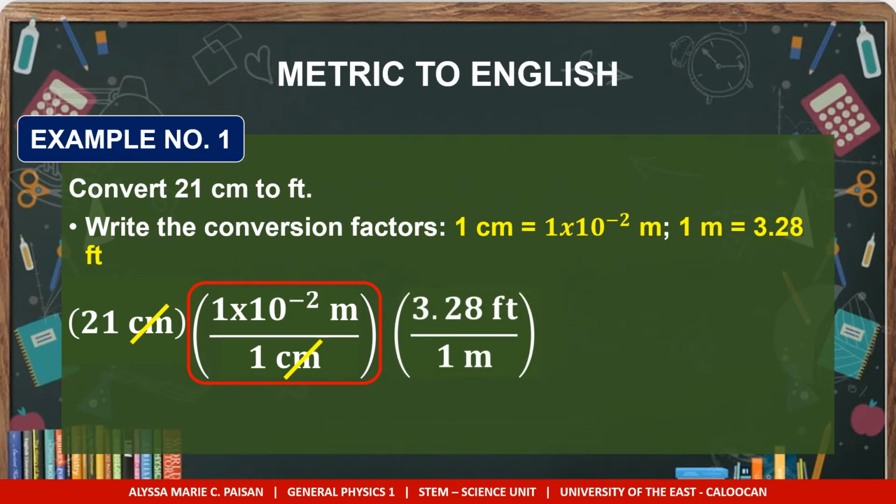That causes us to write the second conversion factor as 3.28 feet over 1 meter. Now we can cancel the meters, and then using your calculator, we would get the answer 0.69 foot or feet.